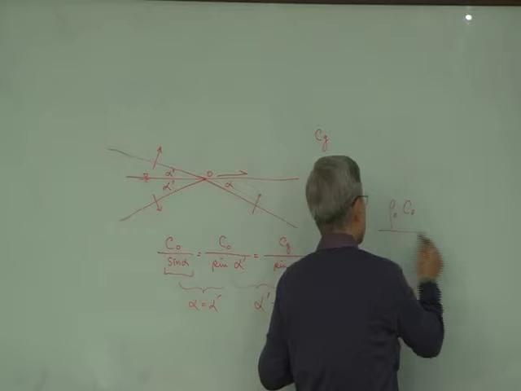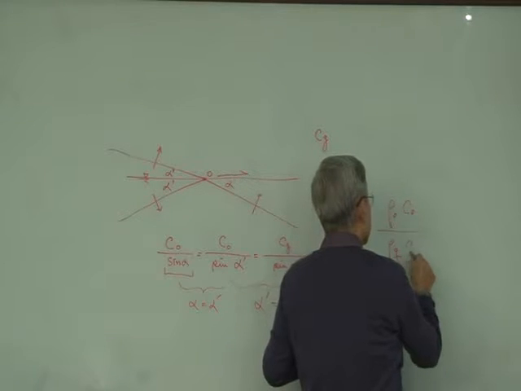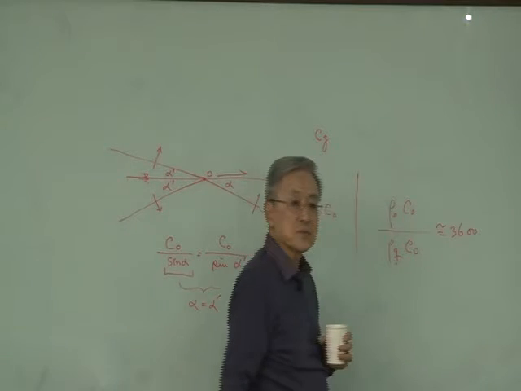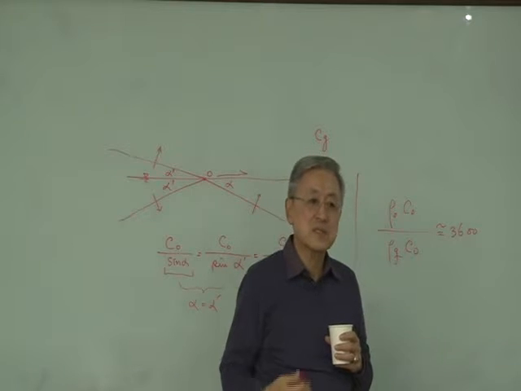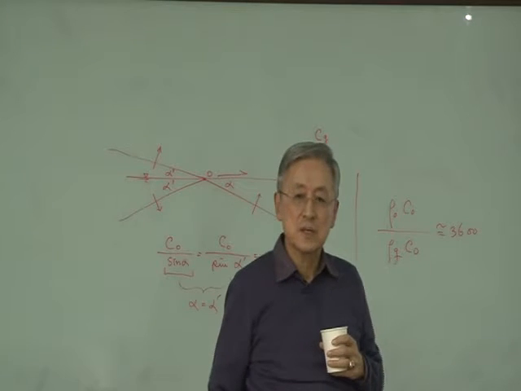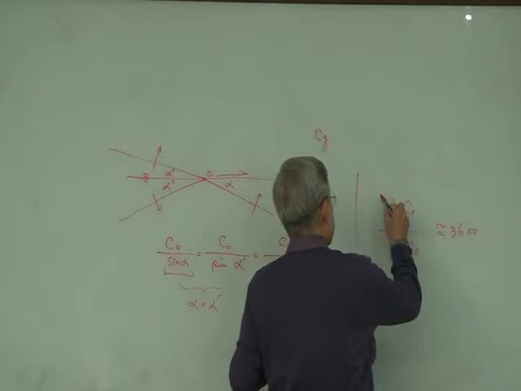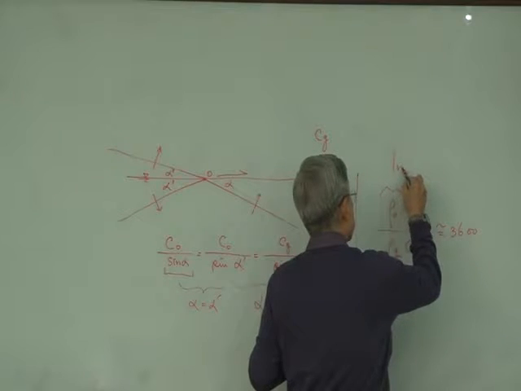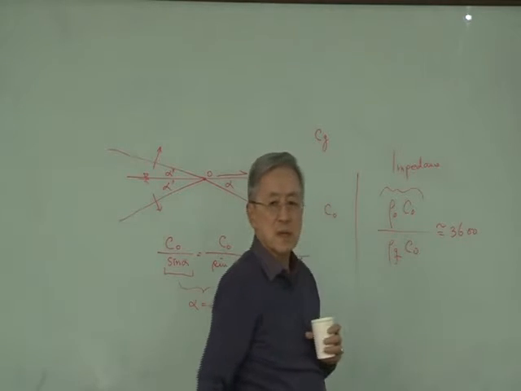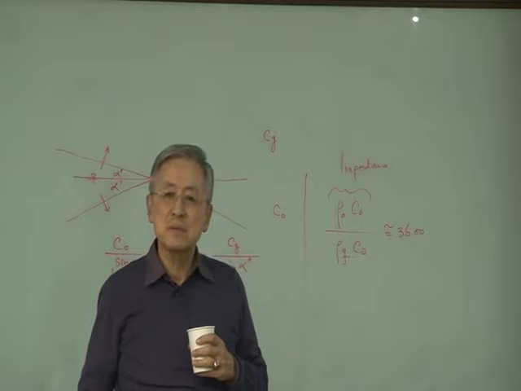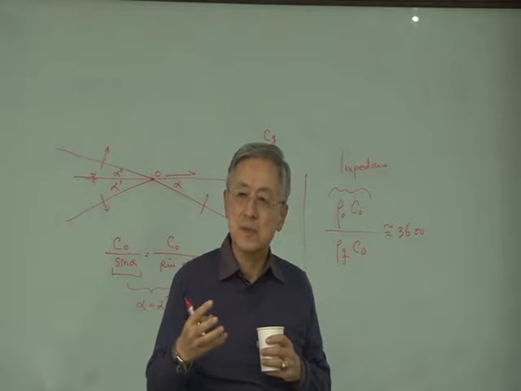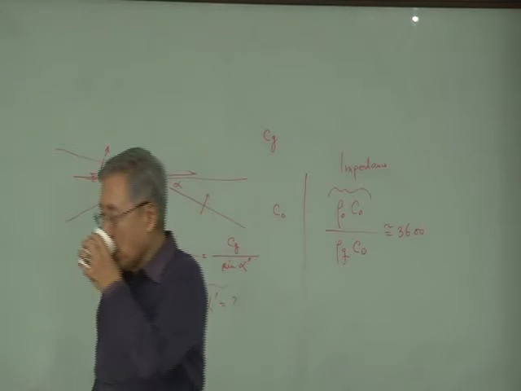rho naught C naught over rho G CG is approximately 3600 difference, because the density of the air is much lower than the density of the water. So this is called impedance. Some people call it characteristic impedance, but impedance is impedance, which characterizes the media, water media and air media.